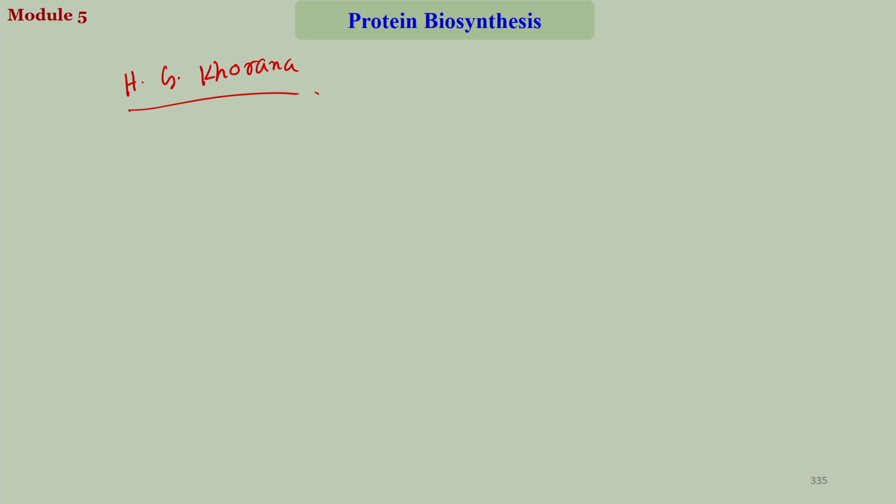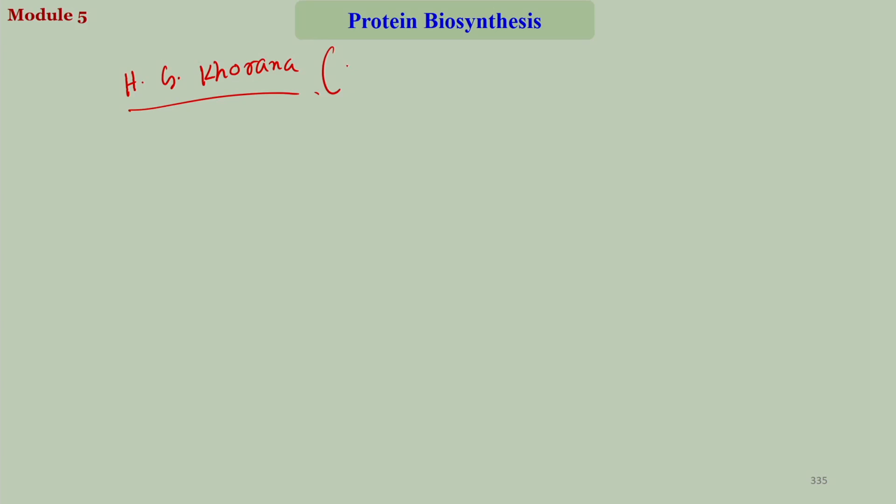Professor Khorana was the person who discovered the rest of the amino acid table, the rest of the codons versus the amino acids, for which he received the Nobel Prize in Physiology and Medicine in 1968. All these things happened much before that. He did something really unique, which nobody had done until that time.